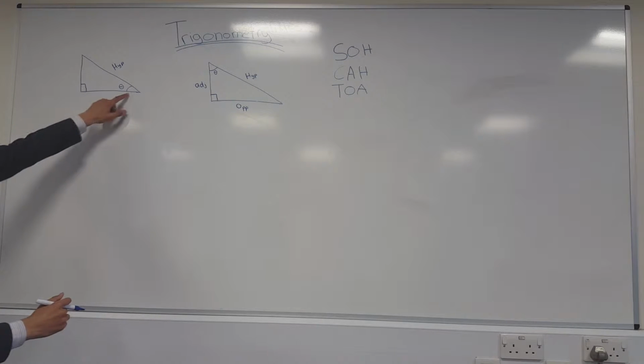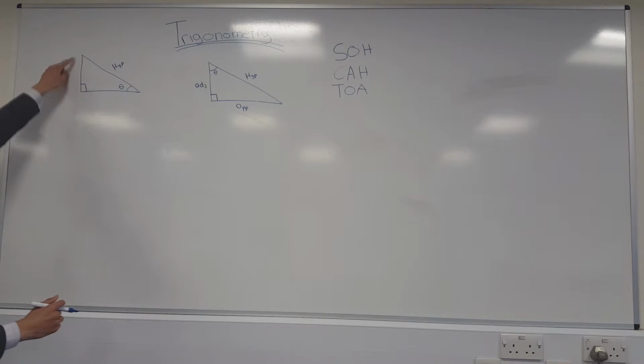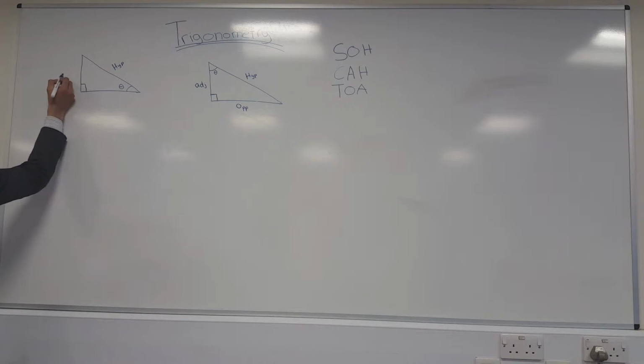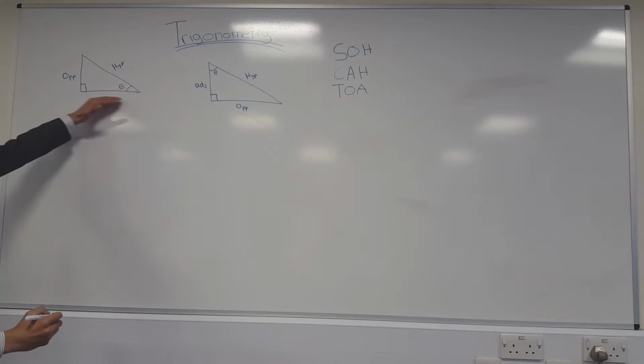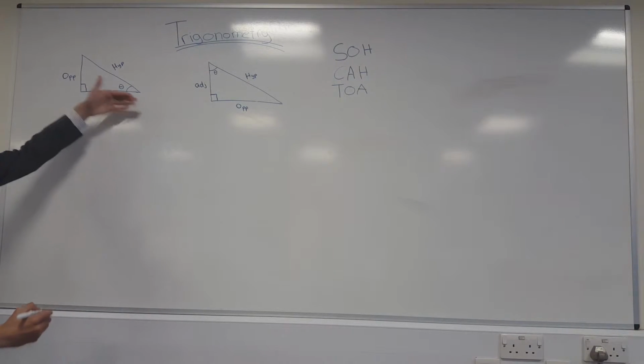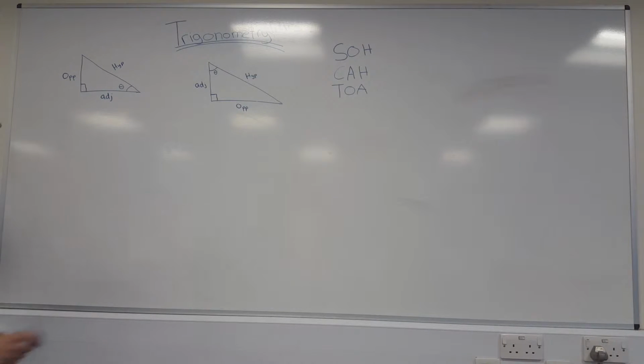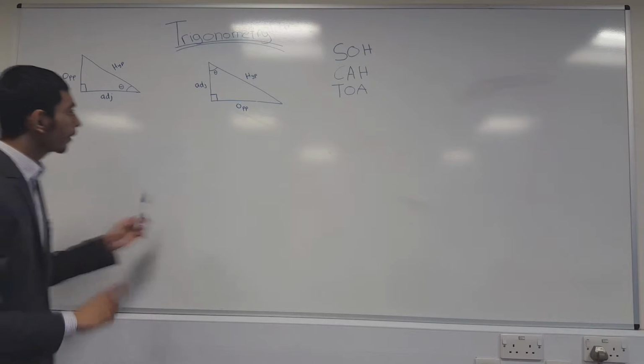So this time, the opposite will be that side because it's opposite to the angle. So we label that opposite, and obviously this side over here is adjacent to the angle, so we just call this the adjacent. So that was labeling the triangle.